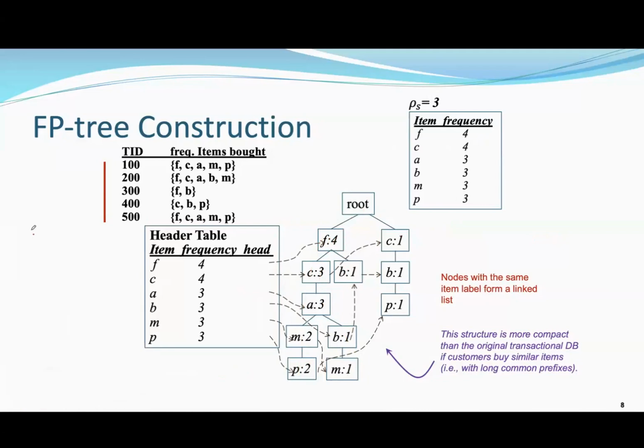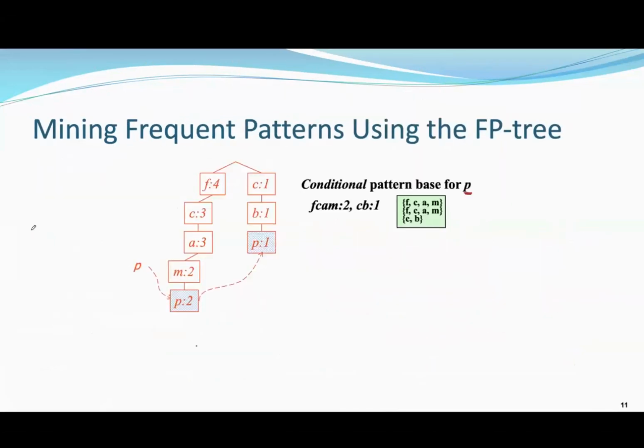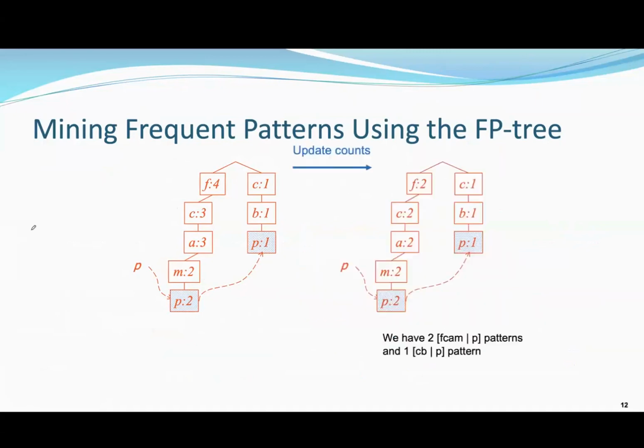I'm interested only in those patterns that end with a P. So I look at the header table, find the entries of P, extract the links. These are the nodes that concern P. I extract their paths. That creates this tree. And then the next step is that we need to update the counts. So after the counts are updated, we get this tree, right?